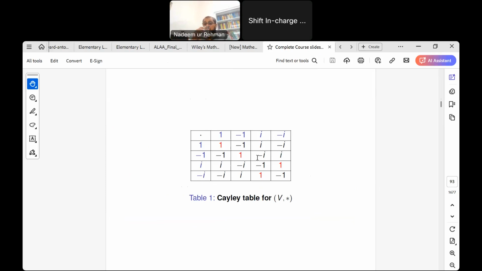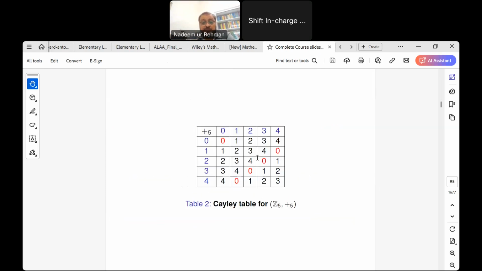Is the group abelian also? Yes, because i composition minus i is equal to 1 and minus i composition i is also 1. So this satisfies the commutativity condition also. Now we take one example, Z5, by the Cayley table, and Z5 is under addition modulo 5.